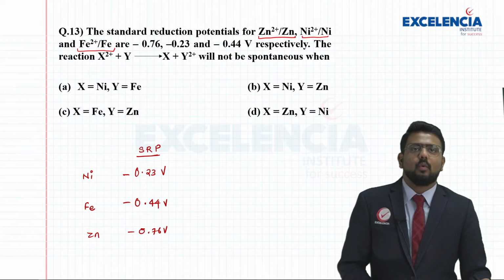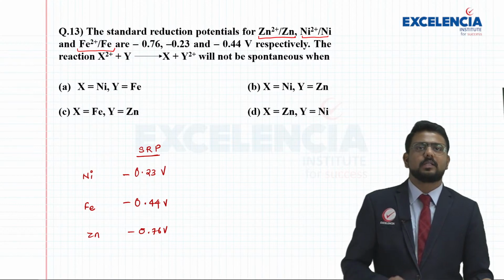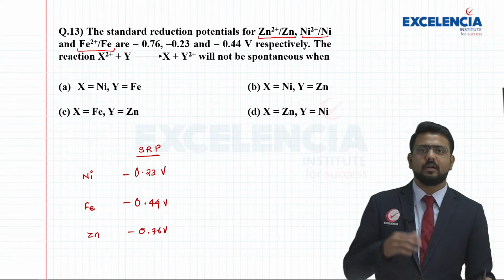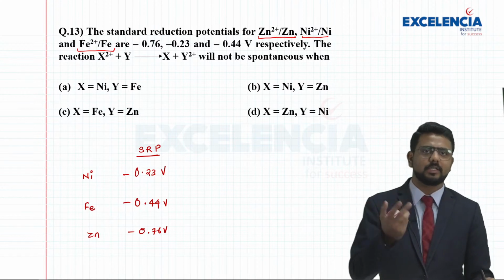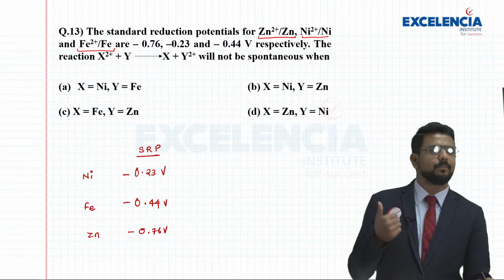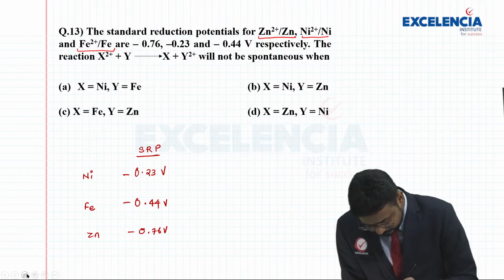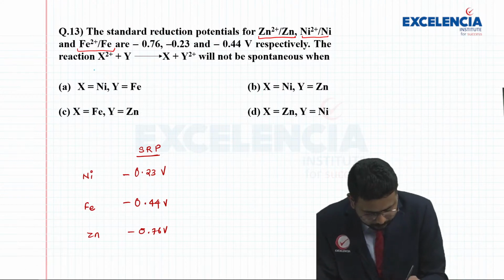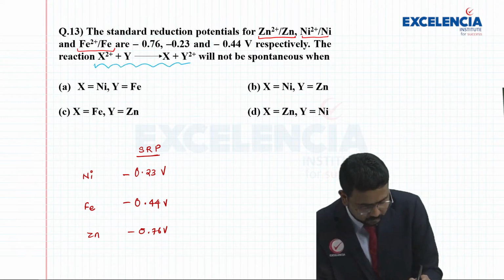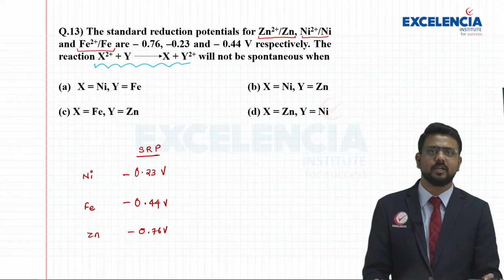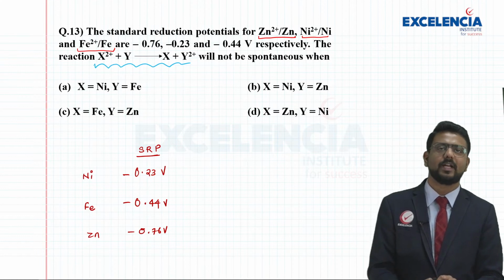Now, one thing is very much clear, that suppose if we consider their reduction potential, their tendency to get reduced, Ni2 plus will be maximum, then Fe2 plus, then Zn2 plus, right? In other words, we can say that in such kind of displacement reaction, this is basically a displacement reaction, isn't it? X2 plus Y gives you X plus Y2 plus.